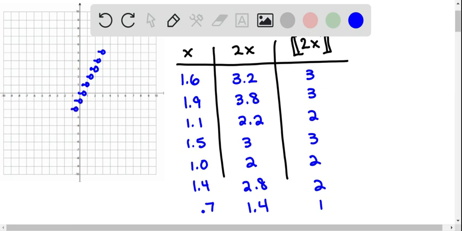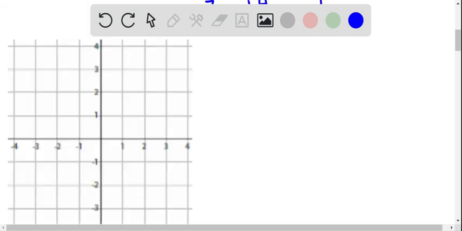So let's take a look at that zoomed out a little bit, since that other graph was making it kind of small and hard to see. So we have something like this, where every half a unit we end up going up a step.